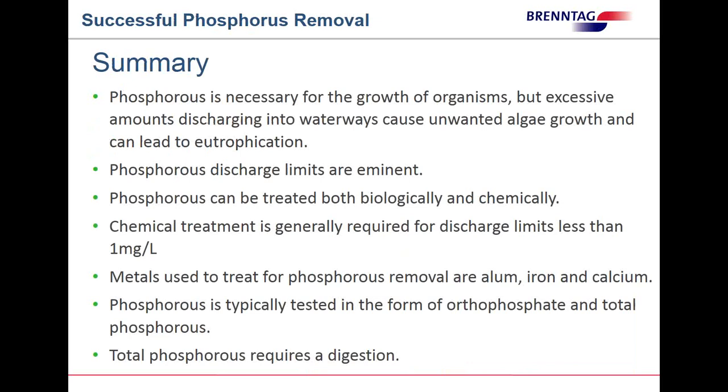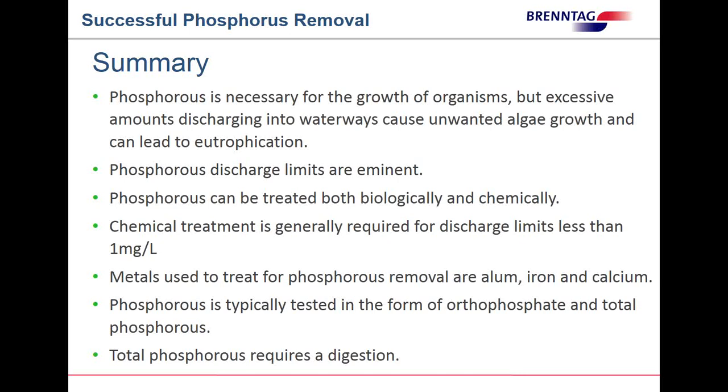So in summary, phosphorus is necessary for the growth of organisms, but excessive amounts discharging into waterways can cause unwanted algae growth and lead to eutrophication. Phosphorus discharge limits, if not already in place, are imminent. Phosphorus can be treated both biologically and chemically.